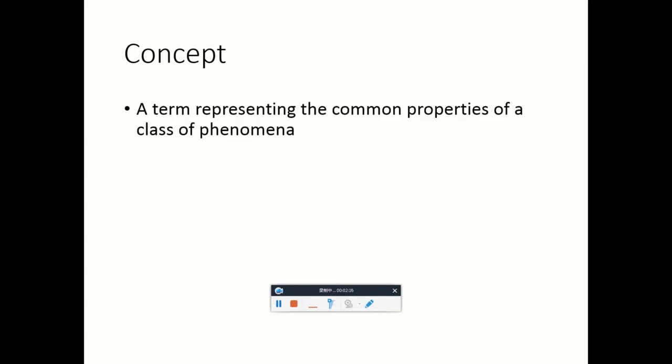So what I said here is that concept is a term or a word that we use to represent what is common about a group of things that we call phenomena.